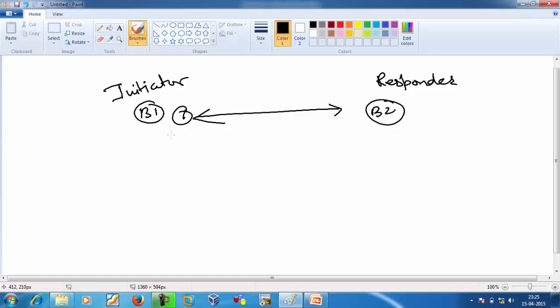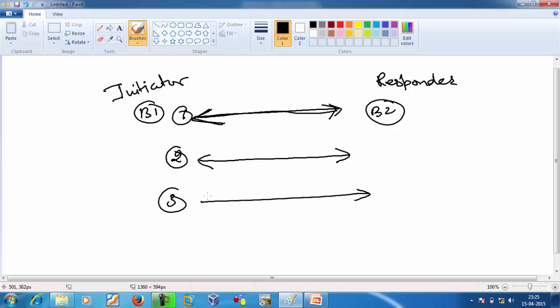So in the first step, the initiator will send a proposal to the responder and the responder will send a proposal to the initiator. When proposals are exchanged, in the second step, the initiator will send a public key to the responder and the responder will send a public key to the initiator. In the third step, the initiator will authenticate the session, or in reverse, the responder will authenticate the session. First the proposal, second the key, and third the session authentication.